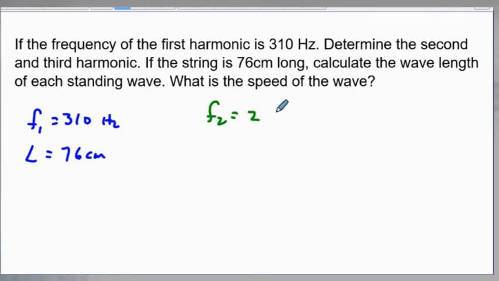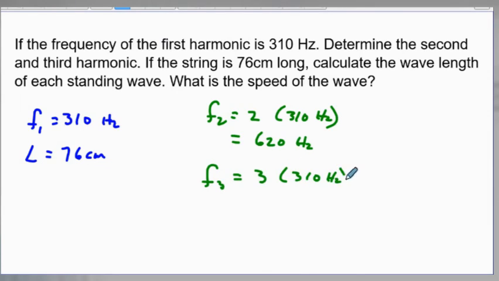Once again, F2 is just going to be 2 times 310 hertz. That's an easy one, I can do that in my head. That's 620. And F3 would be 3 times that number, which would be 930 hertz. So that was easy, part 1.